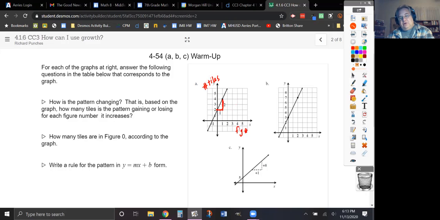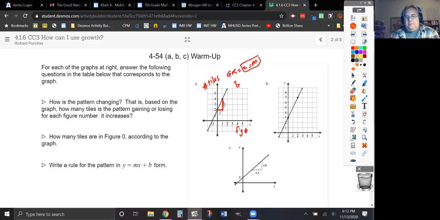As you advance the figure number, you are increasing your number of tiles by 2. So I can automatically say that my growth rate is equal to 2. And remember, the growth rate is m. So I know m is 2 for this picture.